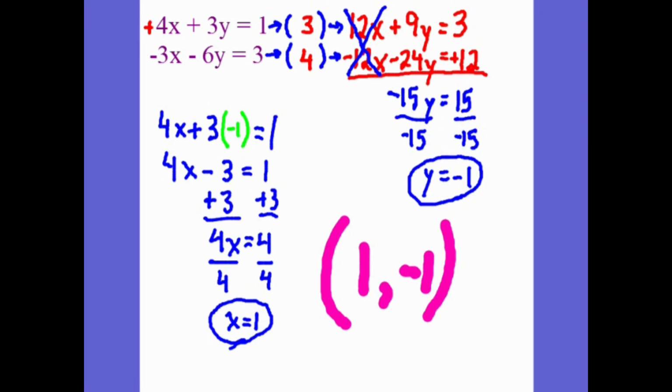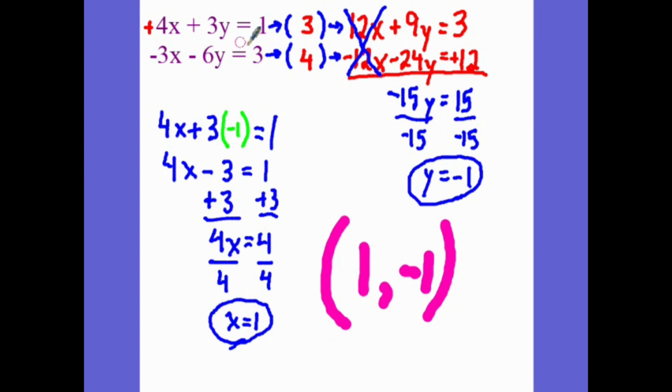Now, I'm going to tell you another secret. For those of you who are doing pretty well with this, you might be thinking, could I ever cancel the y's instead of the x's? Yes, you could. In this equation, if I had wanted to, I could have seen that the 3 can go evenly into the 6.